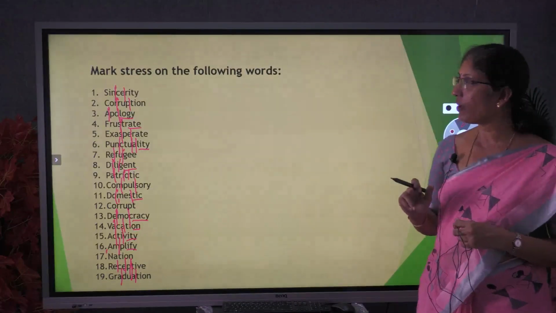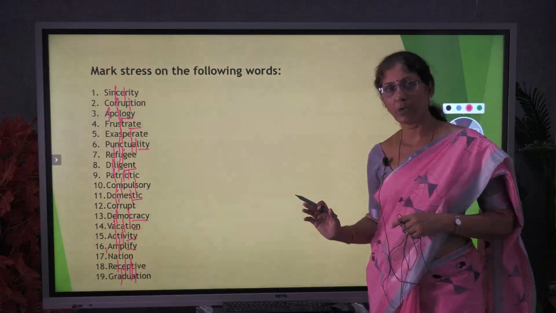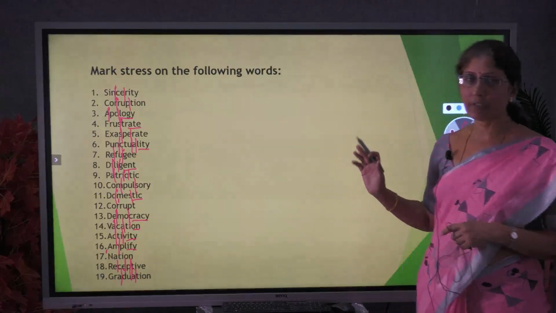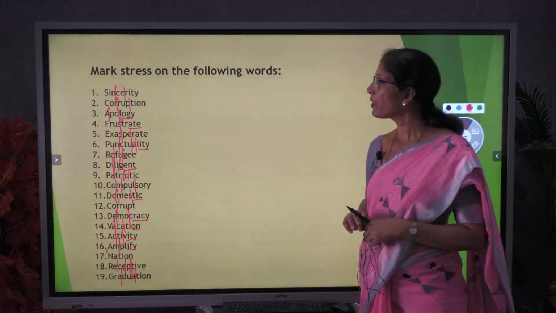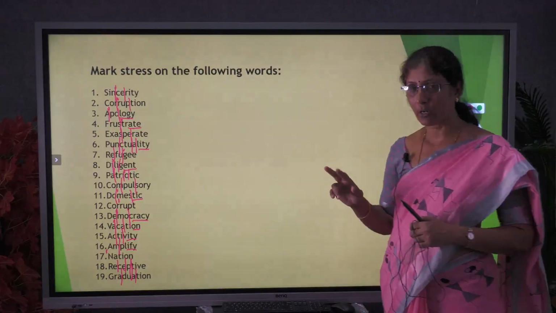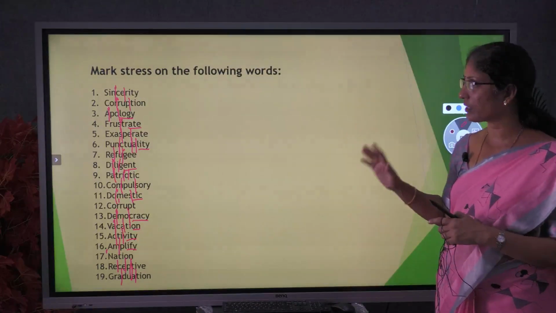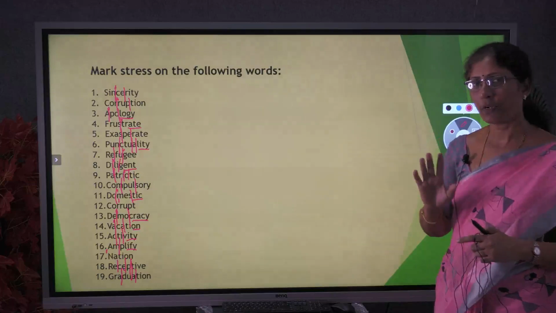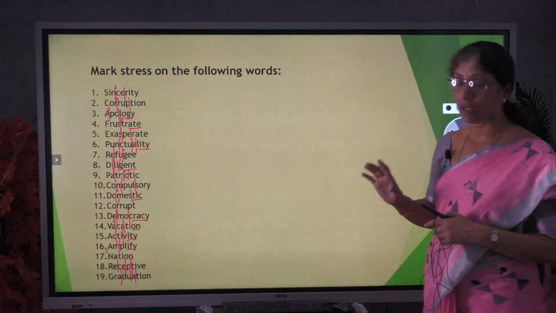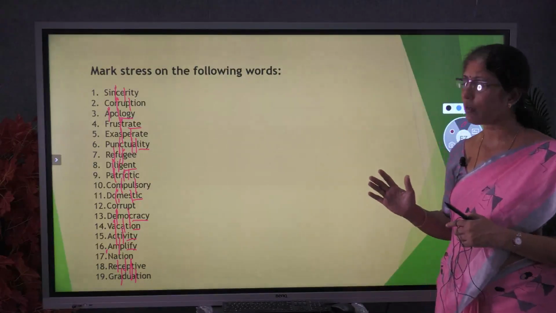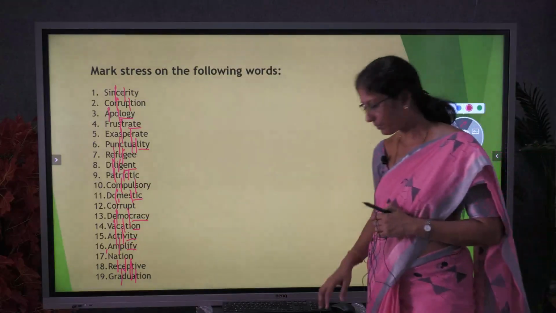If it is a verb, the stress is on the second syllable. When you come to polysyllabic words, or when a suffix is added, except self or IE or E or EE, for all the remaining suffixes, we give stress on the syllable before the suffix. You just remember that. Of course there are violations here and there, but so far it's okay. Thank you.